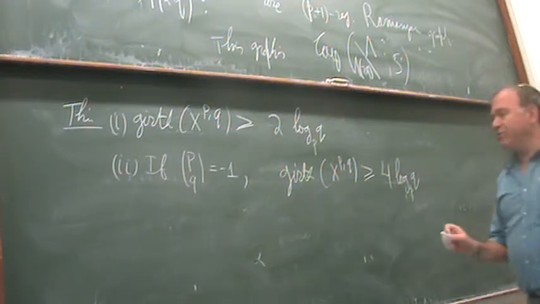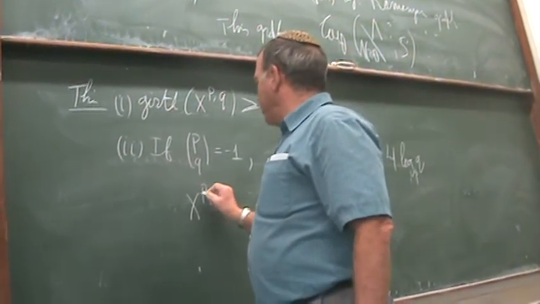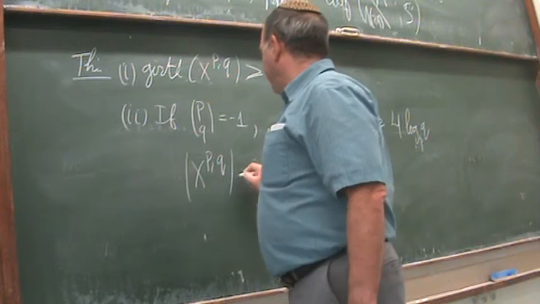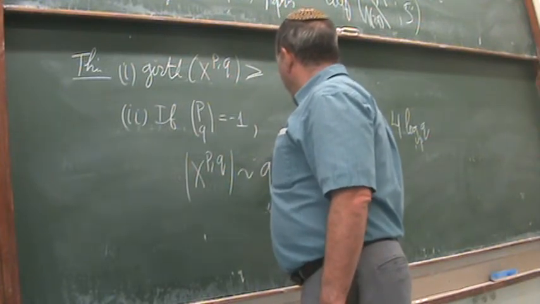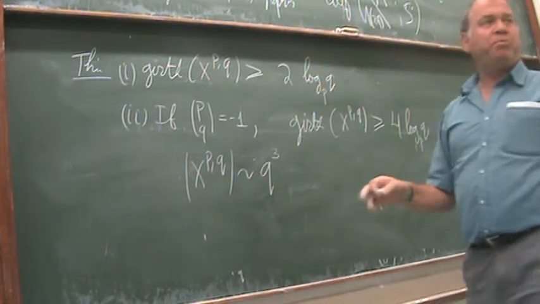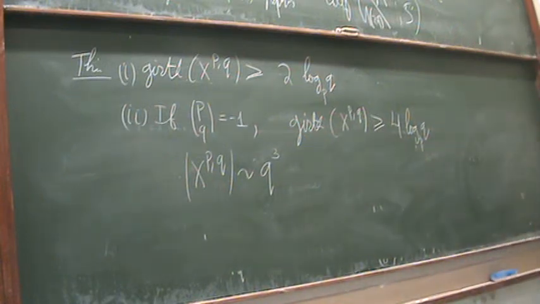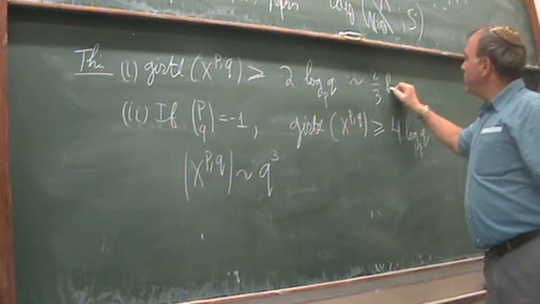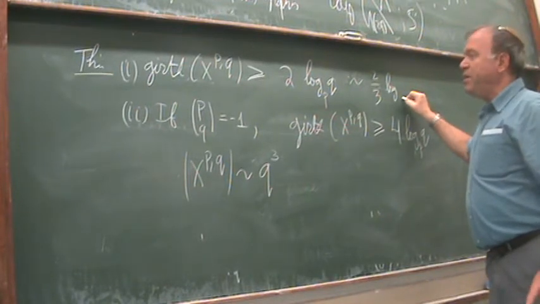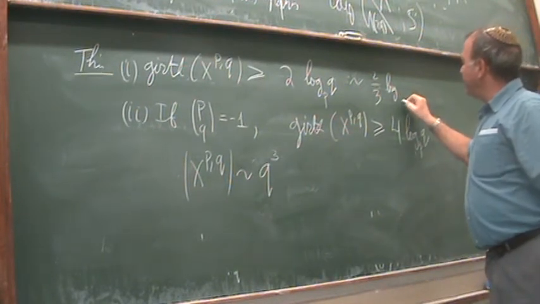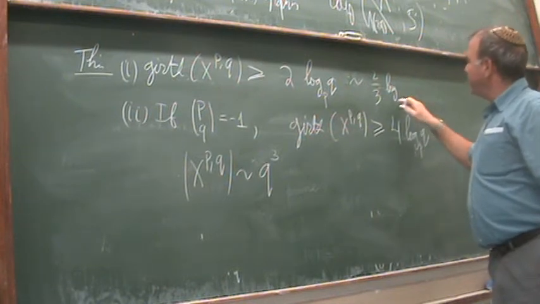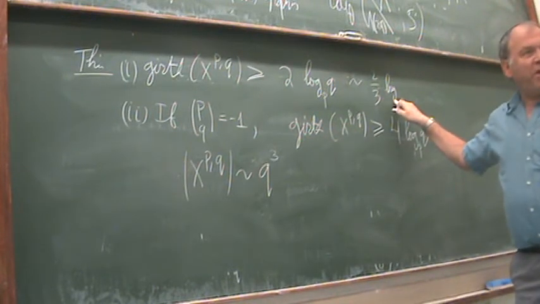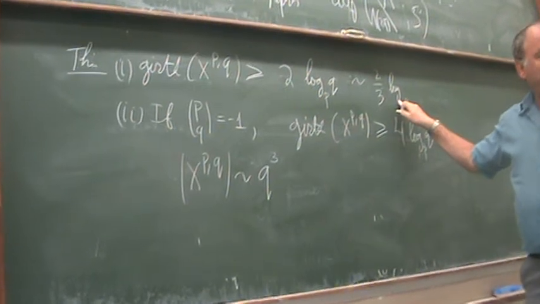The size of the group XPQ is approximately Q cubed, because this is the group PSL2Q or PGL2Q. So the girth is approximately 4/3 log to the base P of N. Now, this is a K-regular graph where K equals P plus 1, you remember?